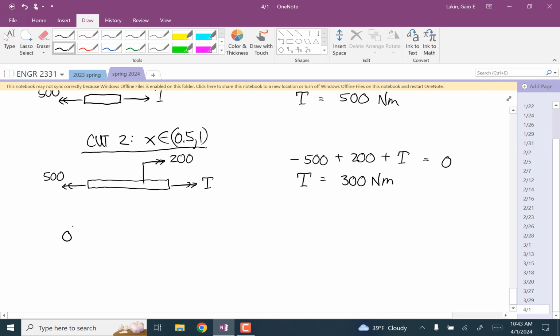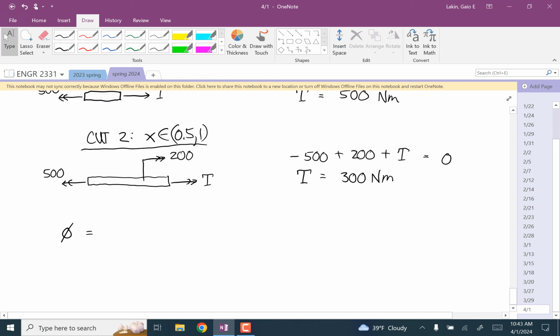So now the angle of twist is equal to, this first piece is 500. The torque is 500. The length is 0.5. The G is 80 times 10 to the 9. The polar moment of inertia is 1.57 times 10 to the minus 8. The other one is 300.